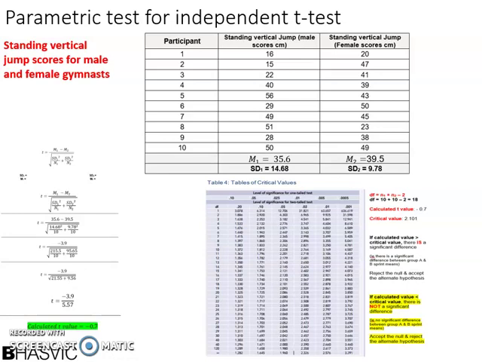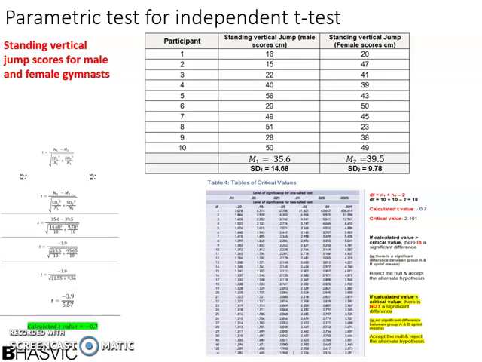The final step, as shown in the other two test examples, is to work out the critical value by using the degree of freedom, which is n1 plus n2 minus 2, with a level of significance of 0.05.